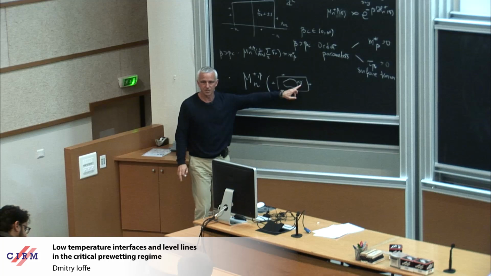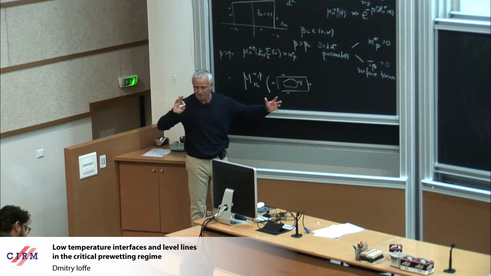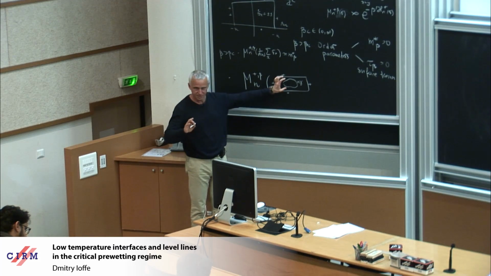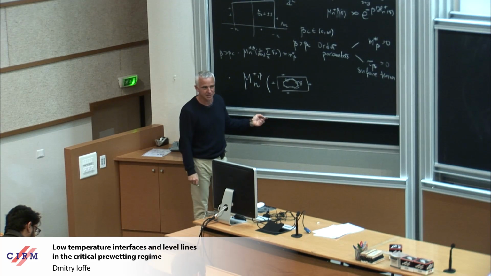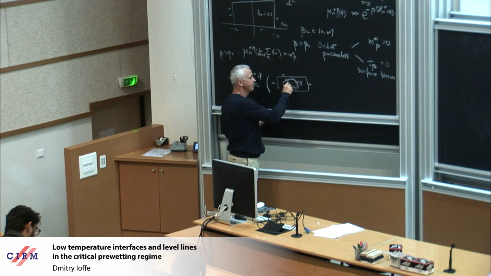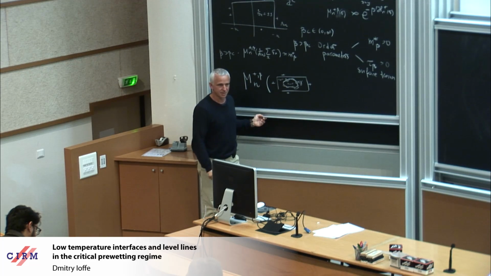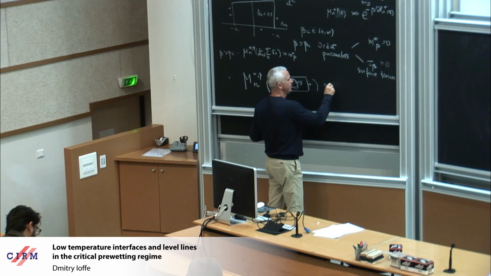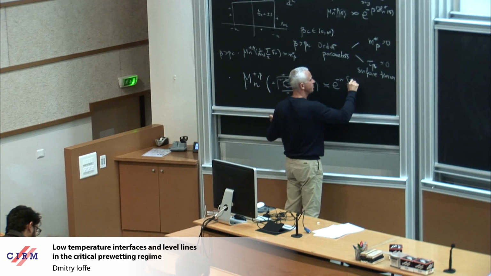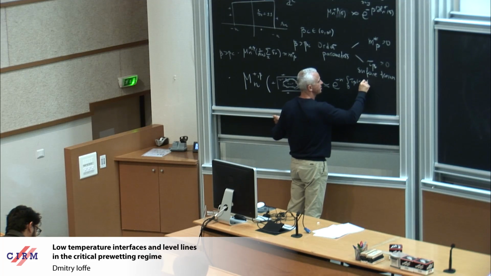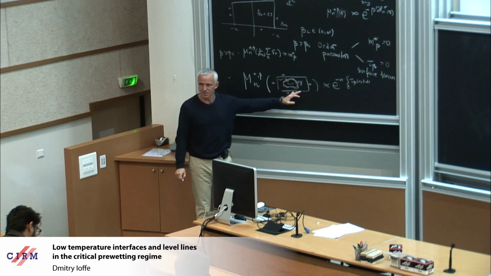I'm taking a continuous curve gamma, I inflate it to put it in the box, and I'm asking about the probability that there will be a kind of line with pluses on one side and minuses on another side. It's like creating an island of minus phase inside. And this will be roughly e to the minus n times the integral of tau beta ds. Is it clear what I'm saying?